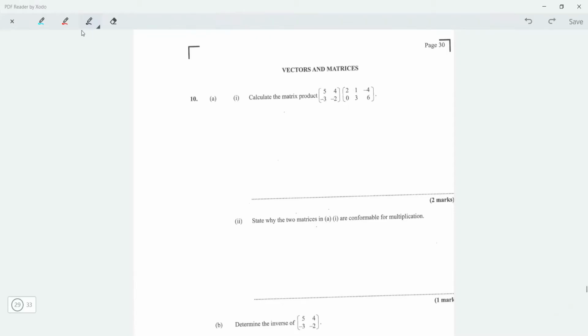Okay, now we have a little more space. So this is now equal to first row, first column, 5 times 2 plus 4 times 0. Then this element is going to be 5 times 1 plus 4 times 3. Then this one is going to be 5 times negative 4 plus 4 times 6.